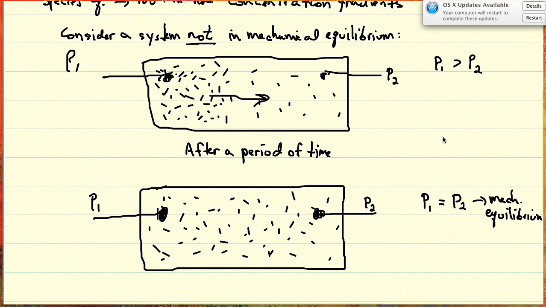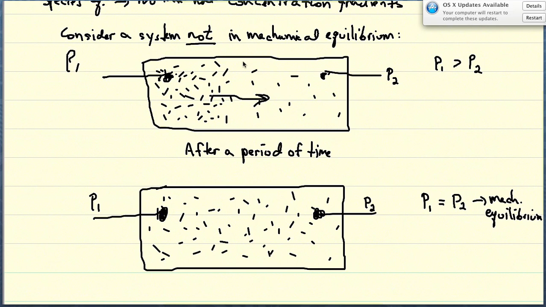Okay, so now what all this means, there are some pretty big implications here. Do you remember when I said that the natural tendency is for the particles in the high concentration area to flow to the area of low concentration? And I said that that was a second law concept. In other words, the natural direction of the process is to flow from high concentration to low concentration.